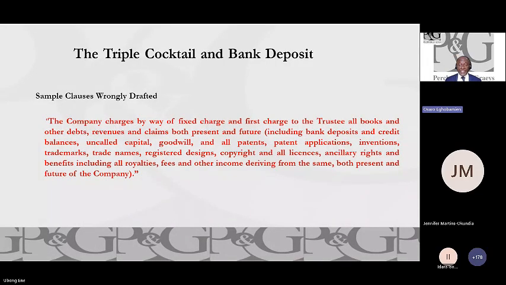Very broadly stated. But I think the most important thing is that it takes a fixed charge over the book debts, takes a fixed charge over bank deposit, takes a fixed charge over documentary intangibles, takes a fixed charge over pure intangibles. Okay.